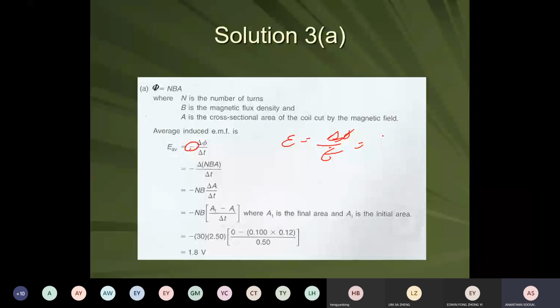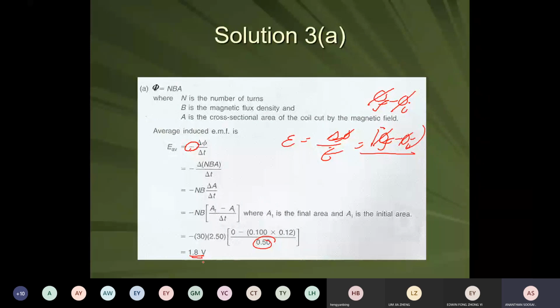A flux change, normally they do, as I always say, final minus initial, right? Okay. But you can imagine it's a modulus law. Even you don't need to put modulus. You just say final minus initial. If it's negative, make it positive. So BAN divided by the time, you get the voltage.